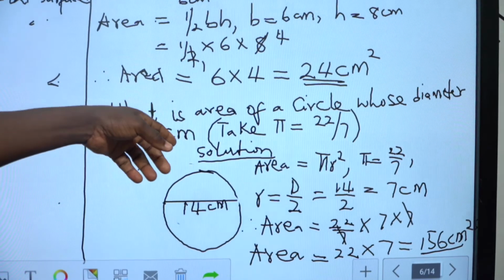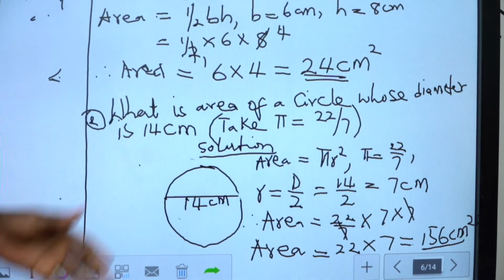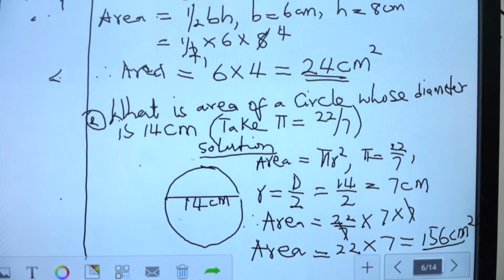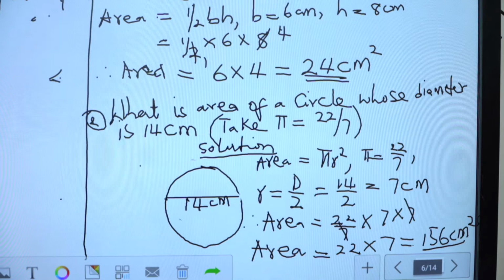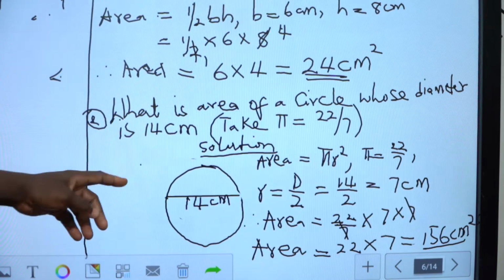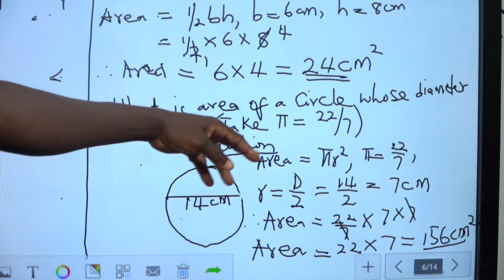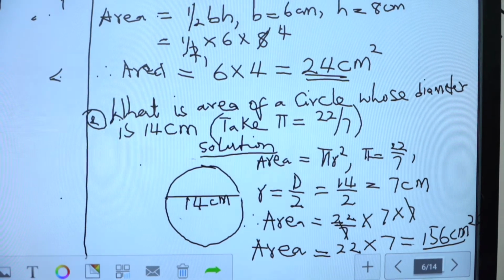Another example, we say, what is the area of a circle whose diameter is 14 cm? The question asks us to take pi as 22/7. Solution. This is the circle. The diameter of a circle is a line that divides the circle into 2 equal parts. And the radius is a line from any part of the circumference to the center. And that's why I said here that area equals pi r squared and pi equals 22/7.